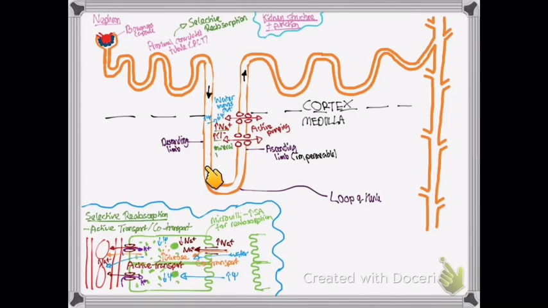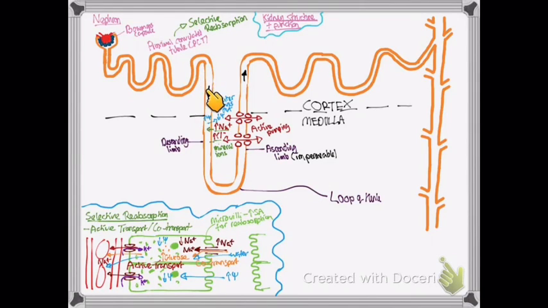So as the tubular fluid moves down, we end up getting a lower water potential here than we do here. However, it's still higher than our medulla, as the medulla is having sodium ions pumped into it. So the water potential at the bottom of the descending limb is still higher than the medulla, for it not to want to move out by osmosis, but it is much lower than what it started at the top of the descending limb. So I'll draw that on here.